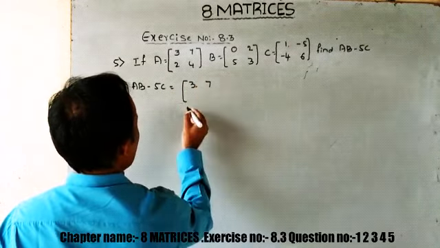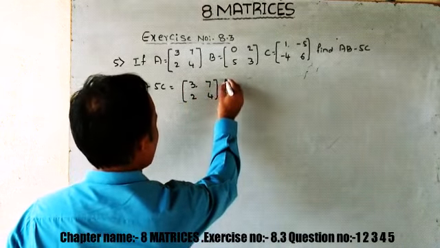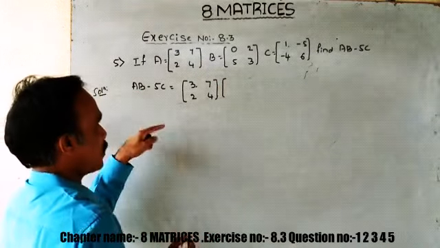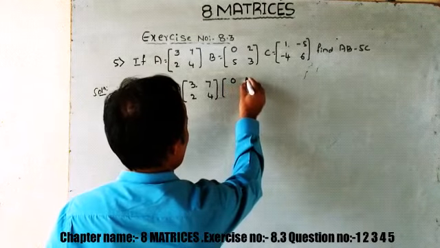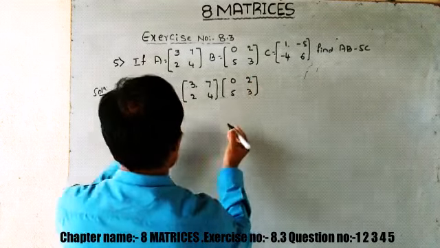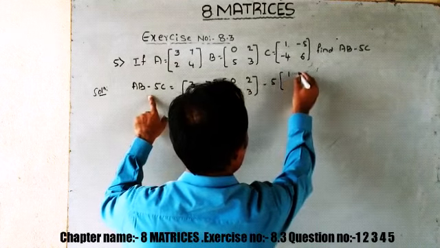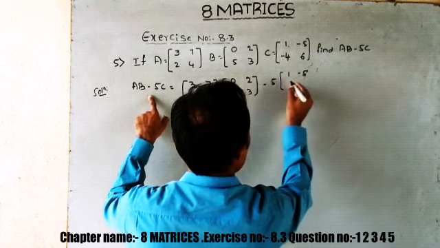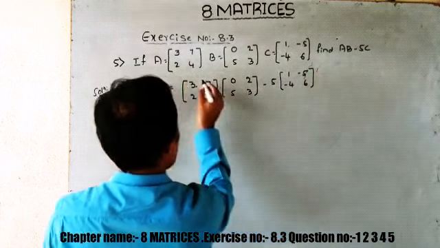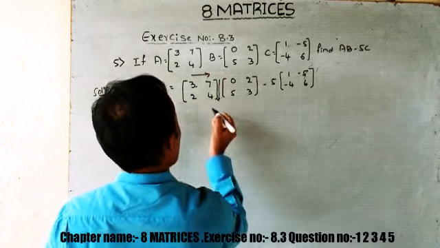How to write: first matrix A, 3 7 2 4, then B, don't interchange these two, that is BA, as you know already, AB is not equal to BA. B is 0, 2, 5, 3, then minus 5C, 1, minus 5, minus 4, 6. The arrow mark is not compulsory, but you can remember easily.